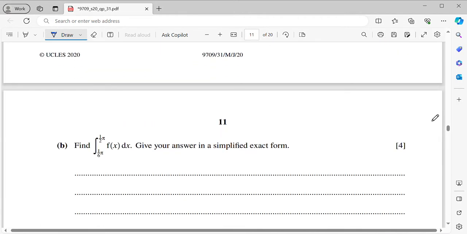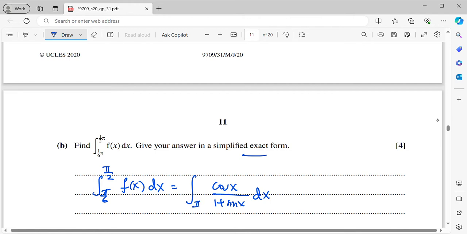Okay, B, find the integration. Give your answer in the simplified exact form. So when I integrate f x dx from pi over 6 to pi over 2, it becomes cos x over 1 plus sin x dx from pi over 6 to pi over 2.